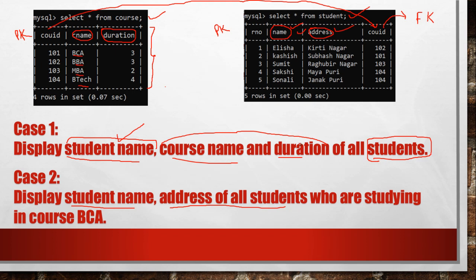But when you read the command further, it is written that who are studying in the course BCA. But where is this BCA written? BCA is written in the course name of the course table.